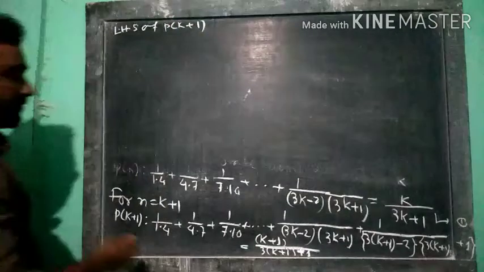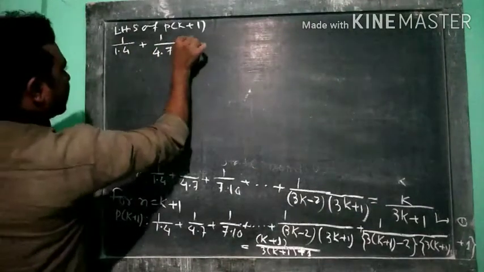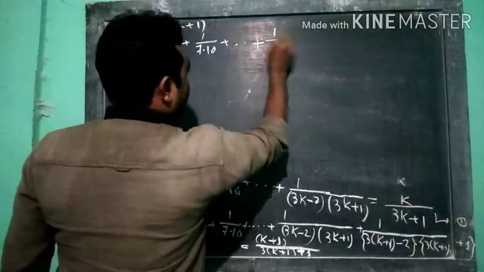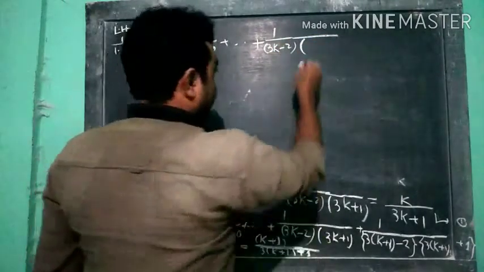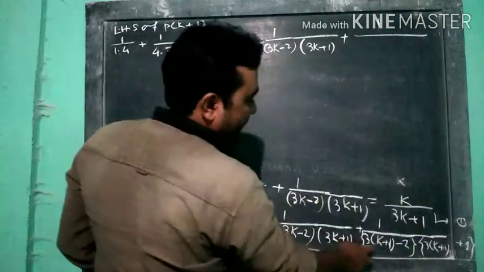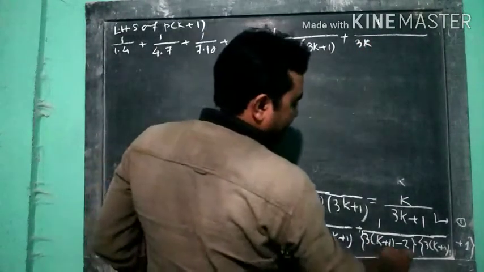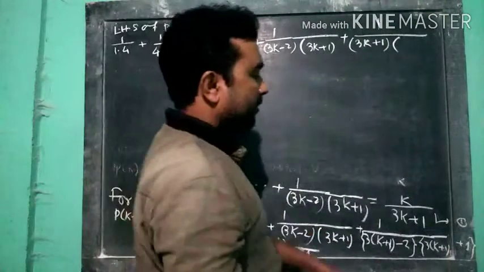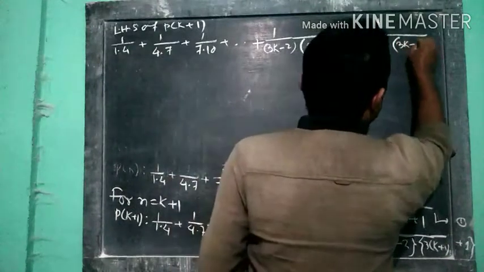The left hand side is 1 by 1 into 4 plus 1 by 4 into 7 plus 1 by 7 into 10 plus up to 1 by (3k minus 2) whole into (3k plus 1) plus 1 by something. If we modify this a little, 3k plus 3 minus 2, then we get 3k plus 1. And if we modify this a little by multiplying, 3k plus 3 plus 1 gives 3k plus 4.